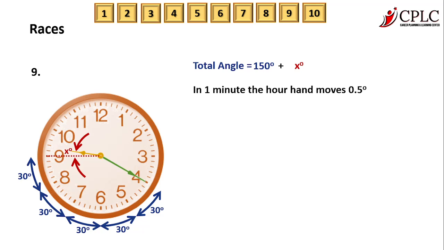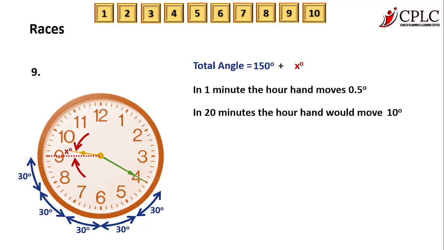We have written this. Check that table of relative speed. You will get what I'm saying right now. So in 1 minute, our hand moves half a degree. And here the minute hand has moved 20 minutes. So obviously in 20 minutes, the hour hand will move 10 degrees additionally, because 1 minute is half a degree.